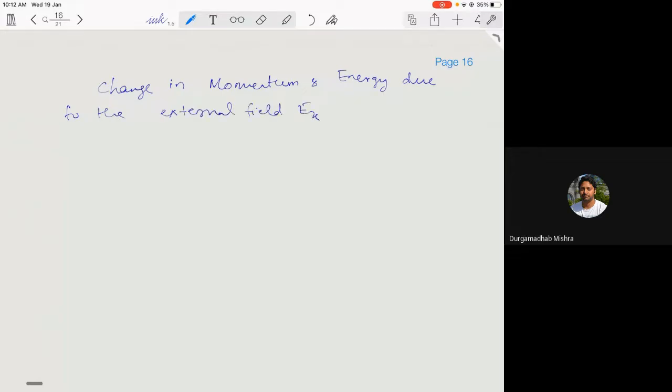Okay, so how will it change? When we say the momentum px, the positive one, in the beginning or unperturbed state when there is no electric field, it is px0.